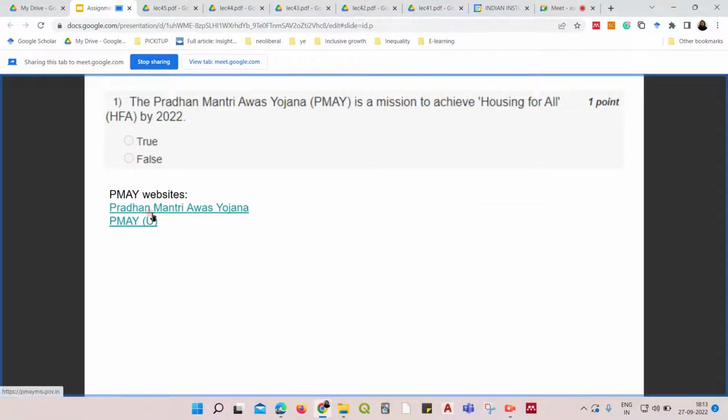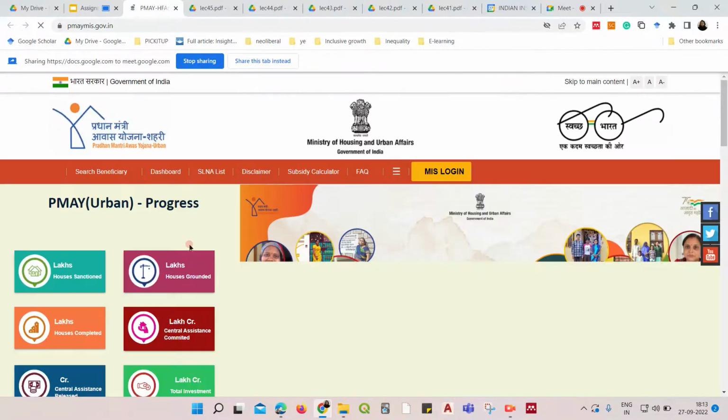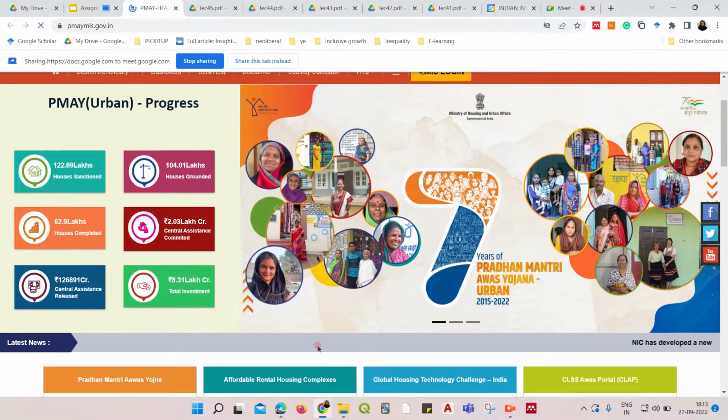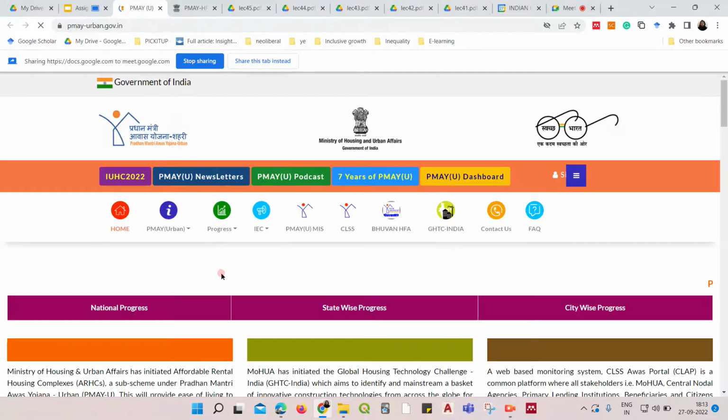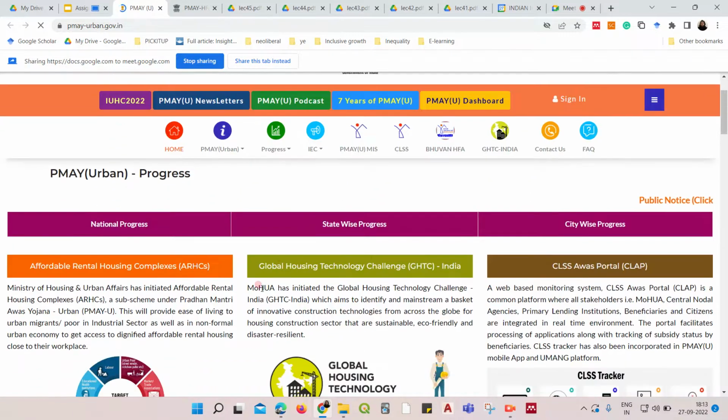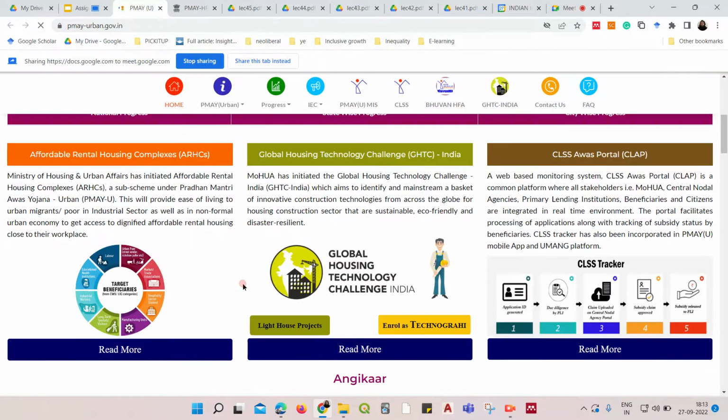So I have provided you the link to two websites. First is the Pradhan Mantri Awas Yojana website. You can go and see. And then there is PMAY-U, which is PMAY Urban, related largely to urban.